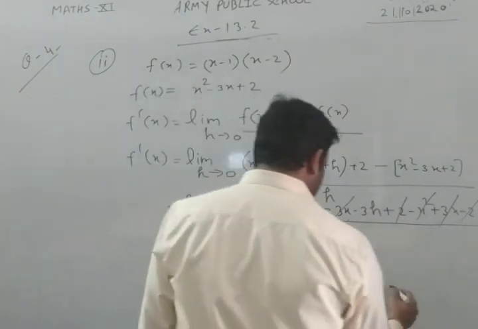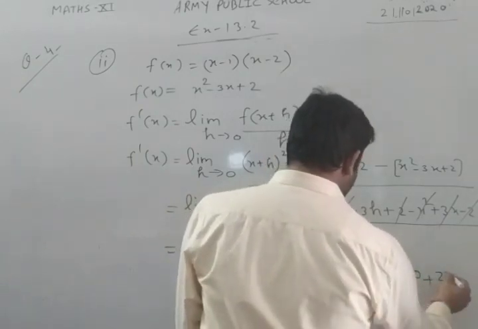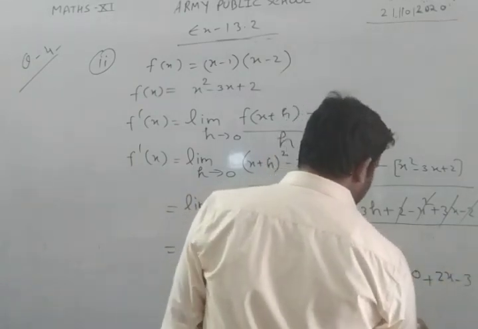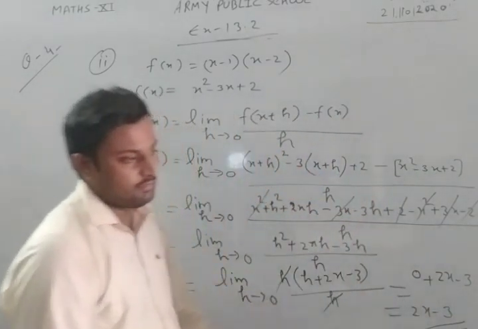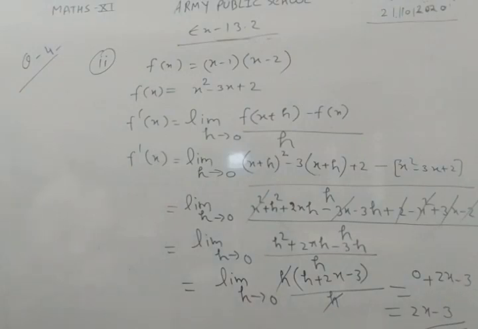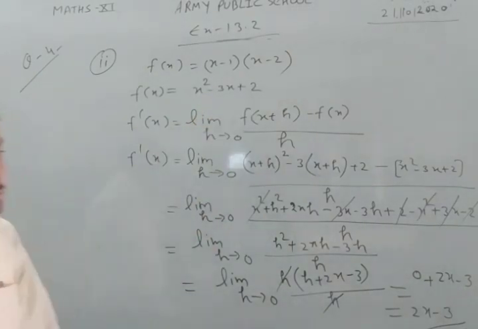So put the limit, we get what? 0 plus 2x minus 3, which is equal to 2x minus 3, and this is our result. Okay, and this way we find the derivative of the function x square minus 3x plus 2.